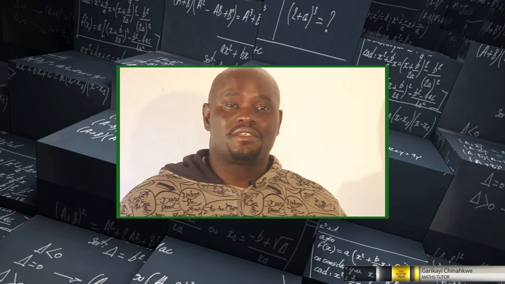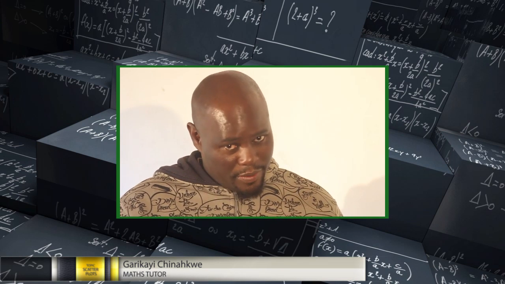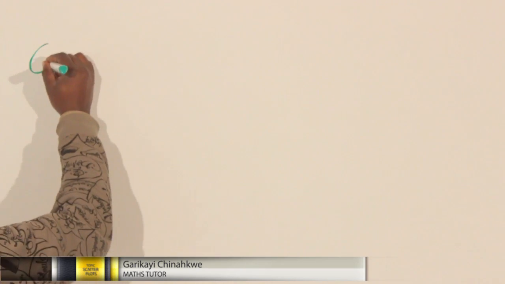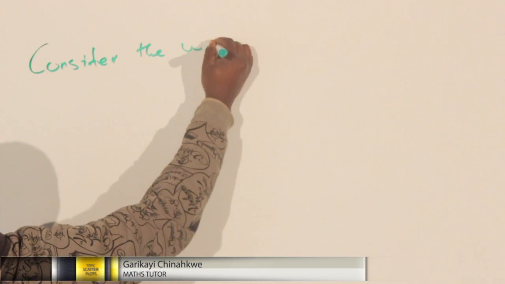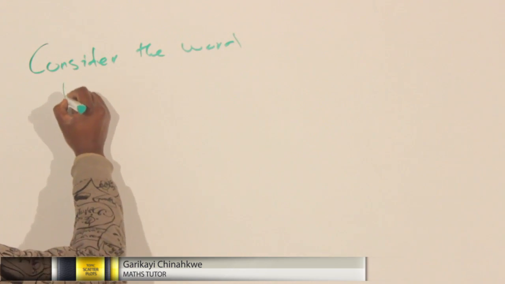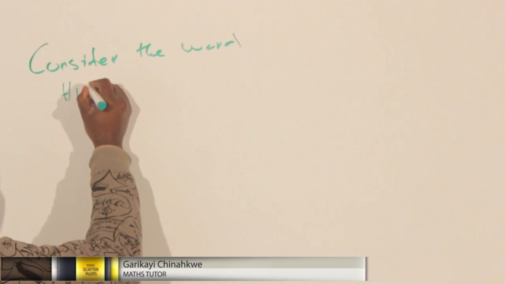All right, in this next example, we're going to look at probabilities involved when we arrange letters. Consider the word hippopotamus. I'm going to use the word hippopotamus because it is a little bit longer.